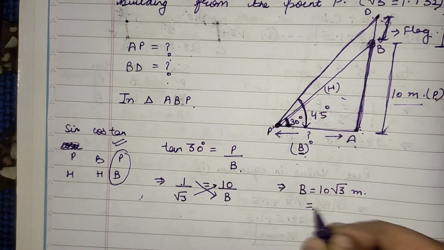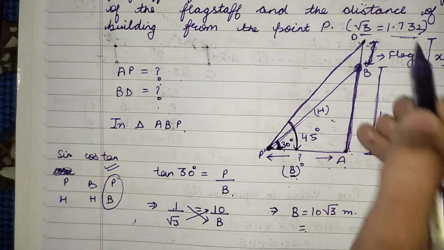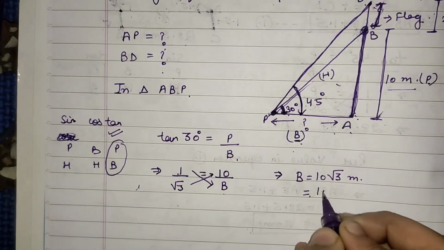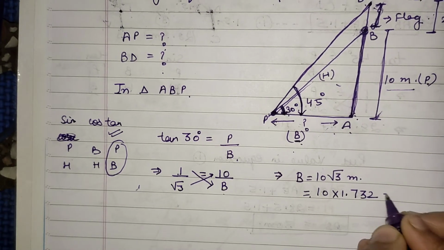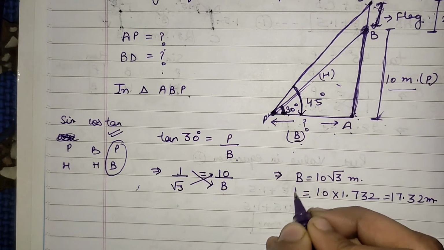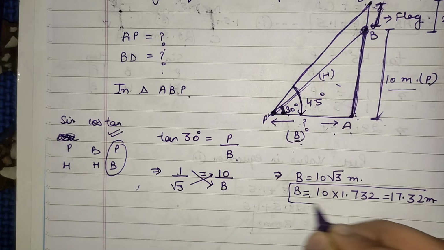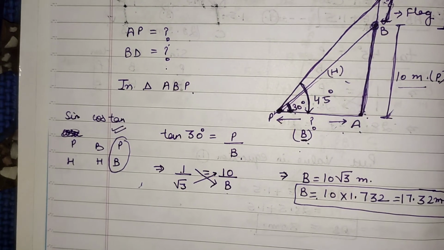And in the question it is given to use root 3 is equal to 1.732. So if you use 1.732, you will get 17.32 meter. So base is going to be 17.32 meter.